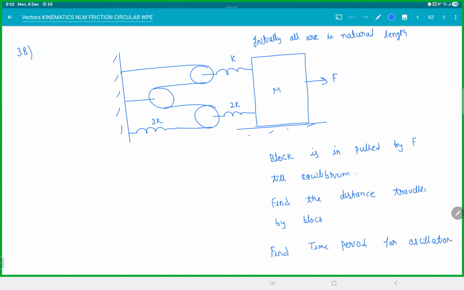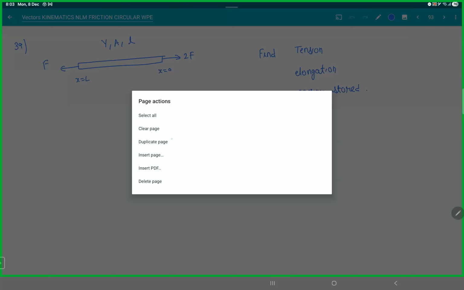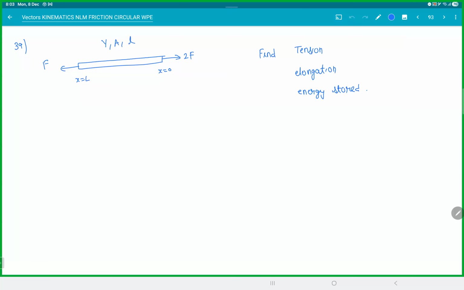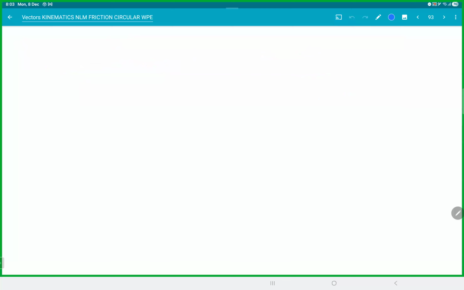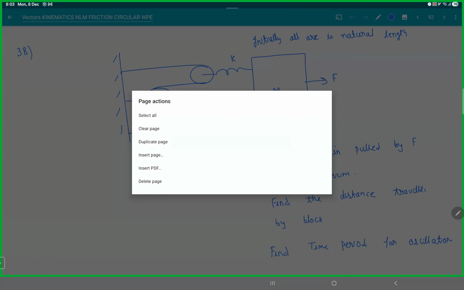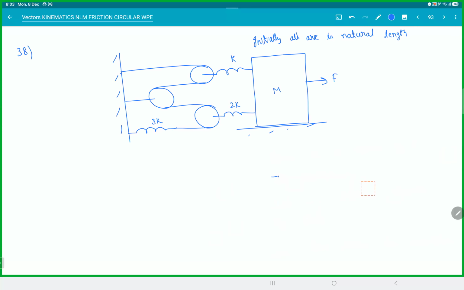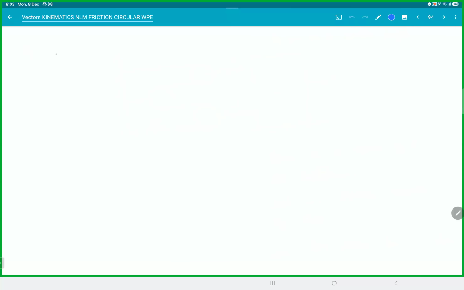How to do this? There is a formula for this: spring equivalent. Listen to this. When you have multiple springs, the formula is T squared by K equivalent equals T1 squared by K1 plus T2 squared by K2, and so on till Tn squared by Kn.